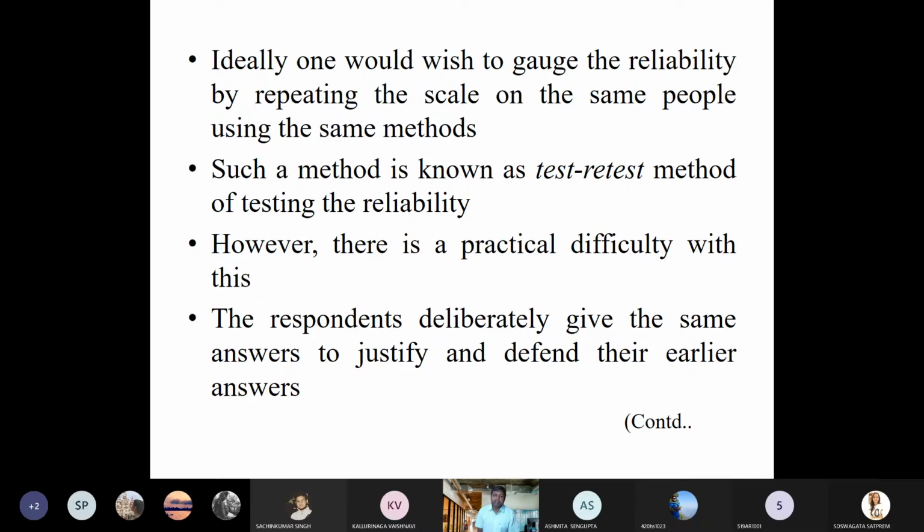However, there is a practical difficulty with this. Sometimes the respondent deliberately gives the same answer to justify and defend their earlier answer.